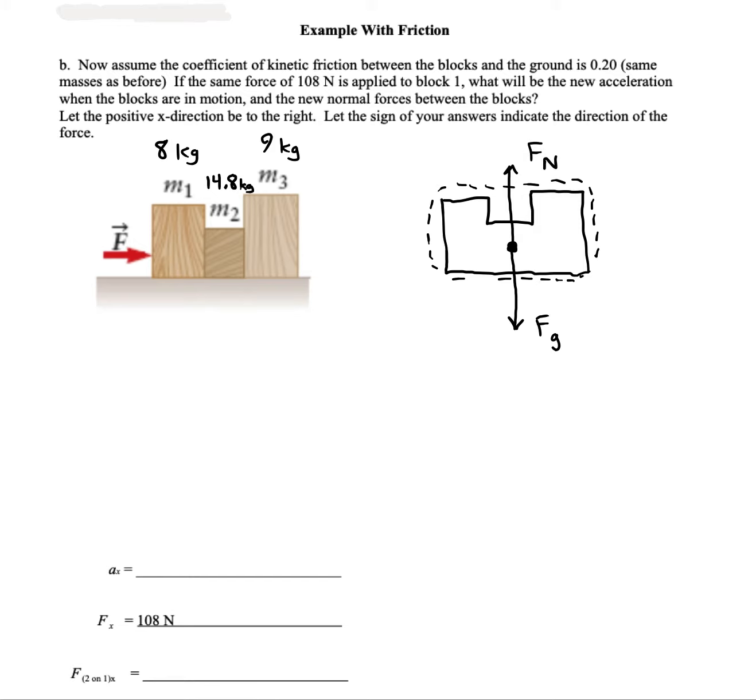Now this time I'm going to calculate what the weight is. To do that, we would use the formula Fg equals mg. So that'll be m1 plus m2 plus m3 times g.